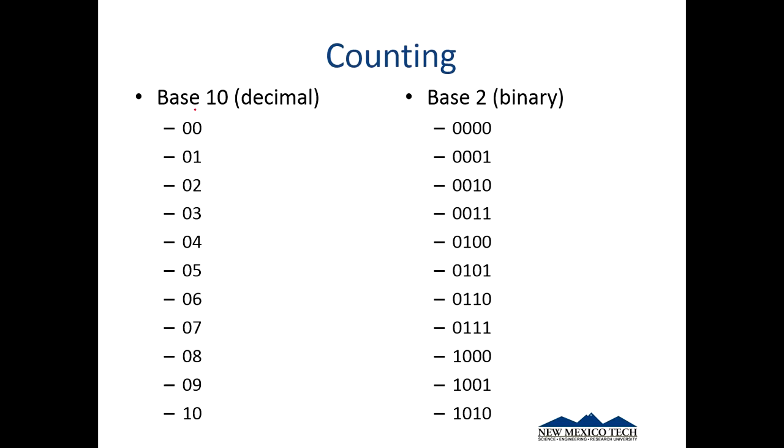So we notice when you were first learning to count, you've got a ones place and a tens place, right? And our possible digits for any of these are 0 through 9.